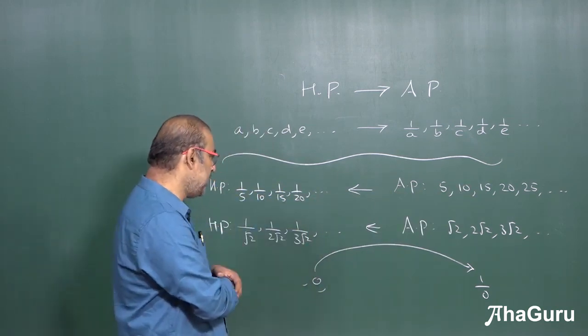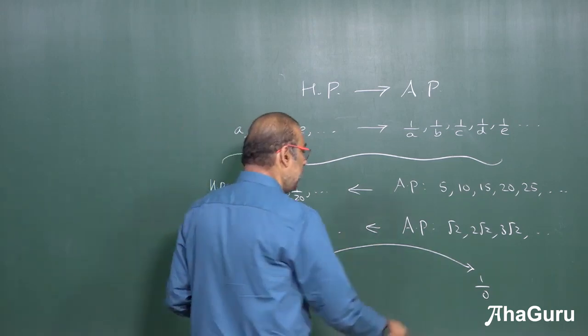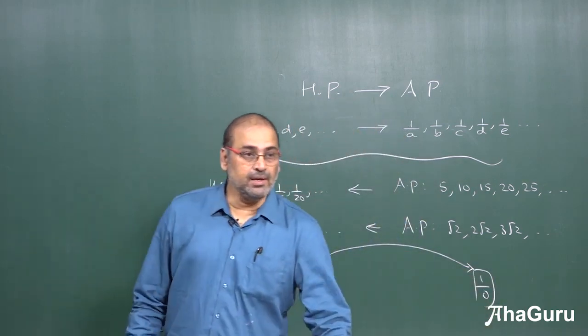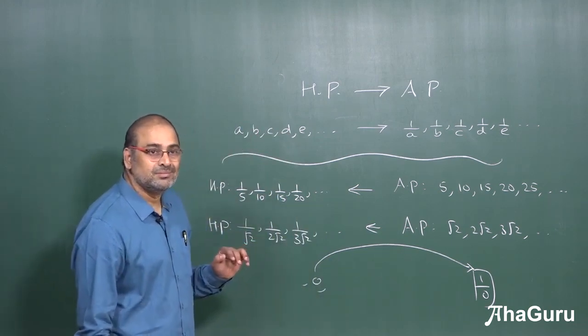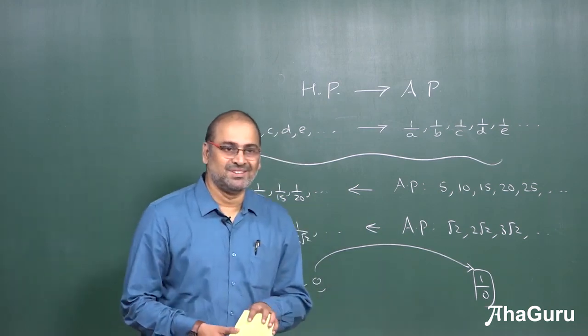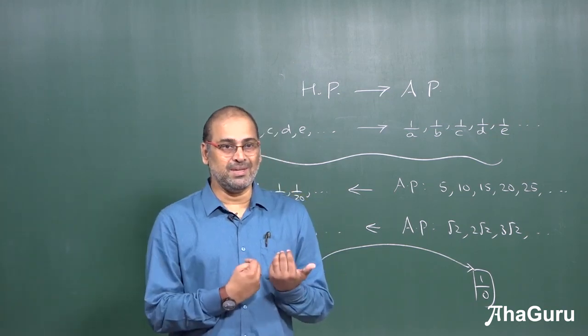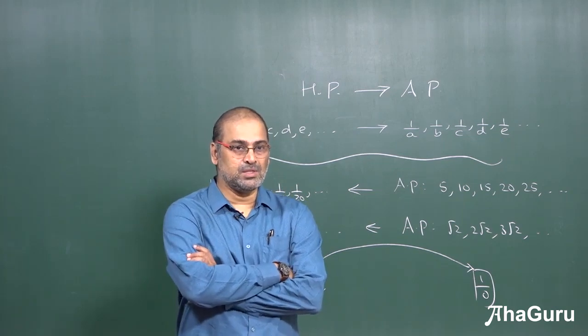So if you have 1 by 0 in the AP, then you can have a 0 in the HP. But you are not going to have 1 by 0 because that is not a number. So therefore HP will never contain 0, but AP can contain 0. Because your HP is defined from the AP, the reciprocal of the AP terms. So that is how you get it.